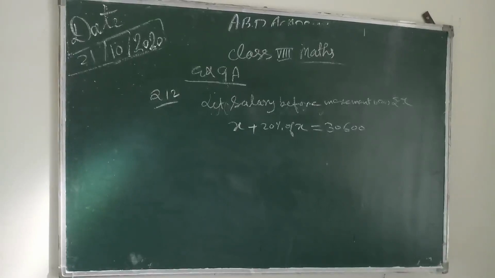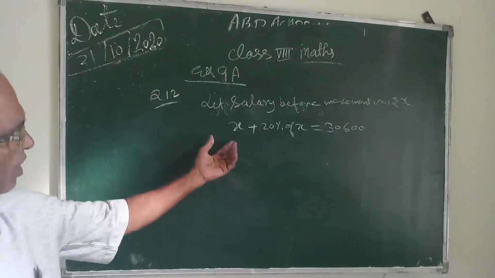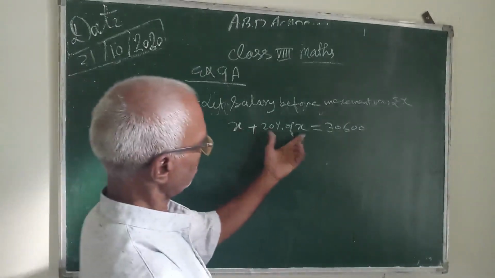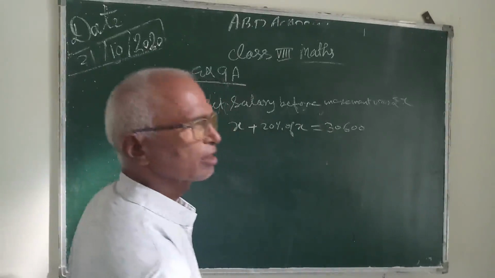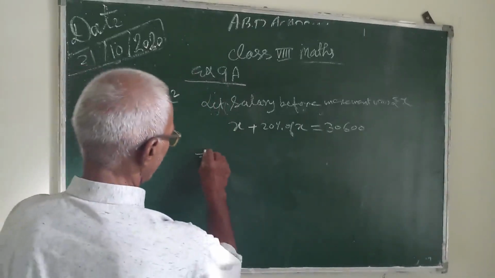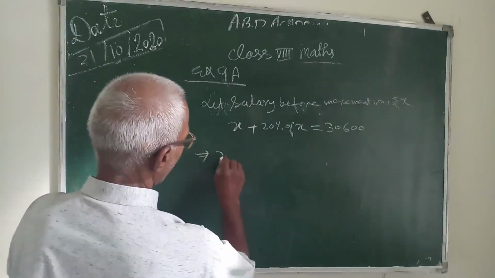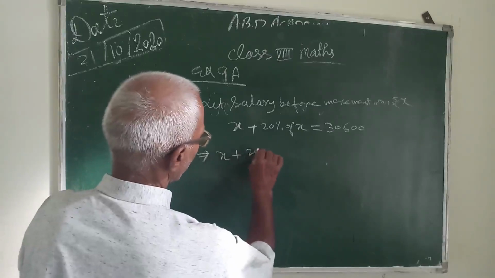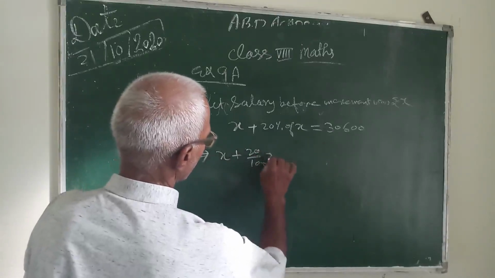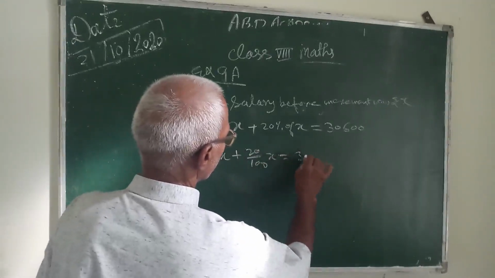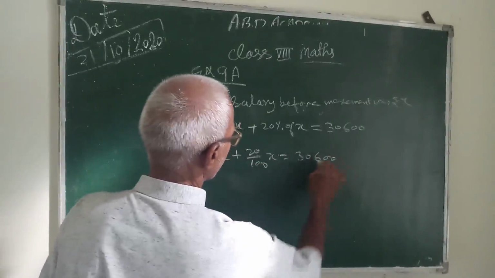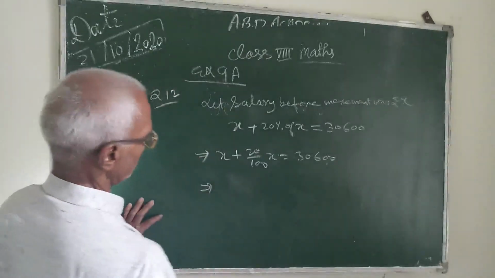So we add the original salary, which is X, and the increment, which is 20% of X, then it will be equal to the new salary. Therefore X plus 20 by 100 X is equal to 30,600.